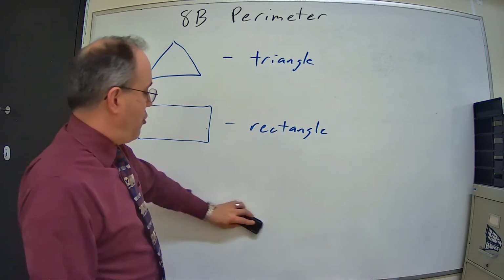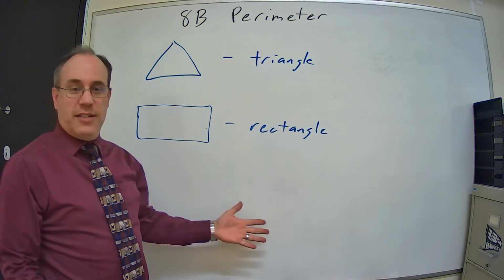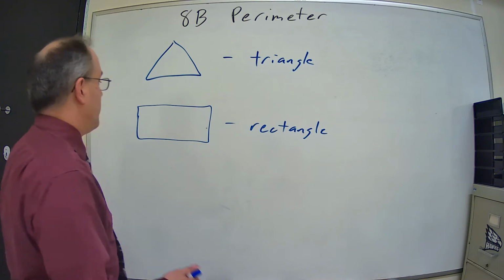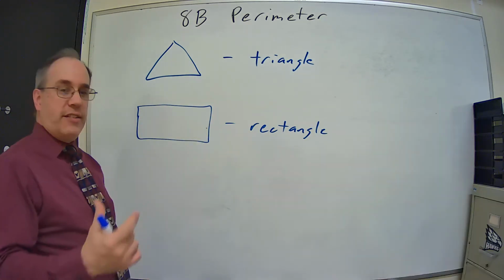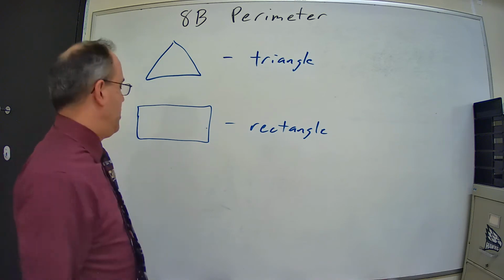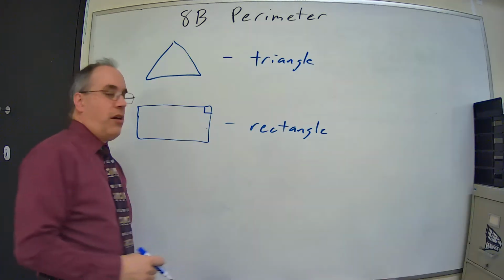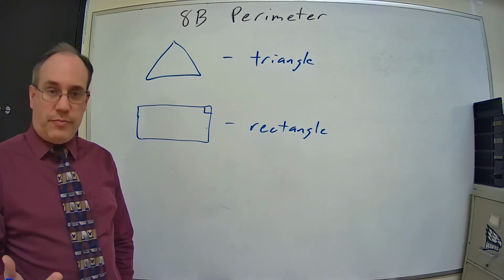Okay, so it's a closed two-dimensional figure. Two-dimensional means it's flat, right? With four sides and four angles. The sides consist of line segments, so a straight piece of a line. And the angles, all four of them, are right angles or 90-degree angles.